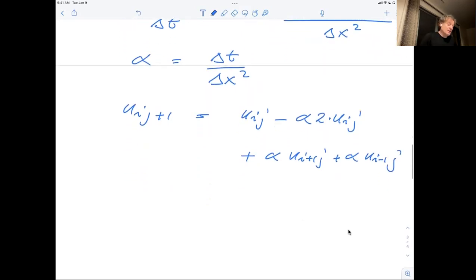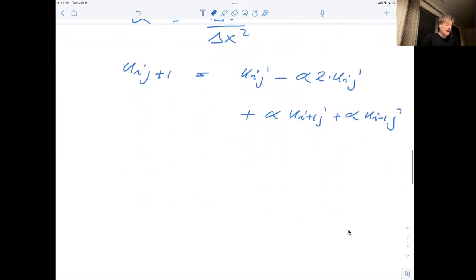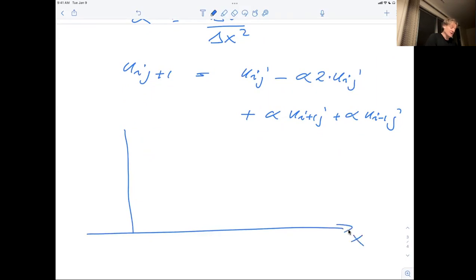Now, if we try to write this down in terms of a graphical representation, what you would see is the following. If we have x along the x-axis, and we have time along the y-axis, we would have discretized steps.